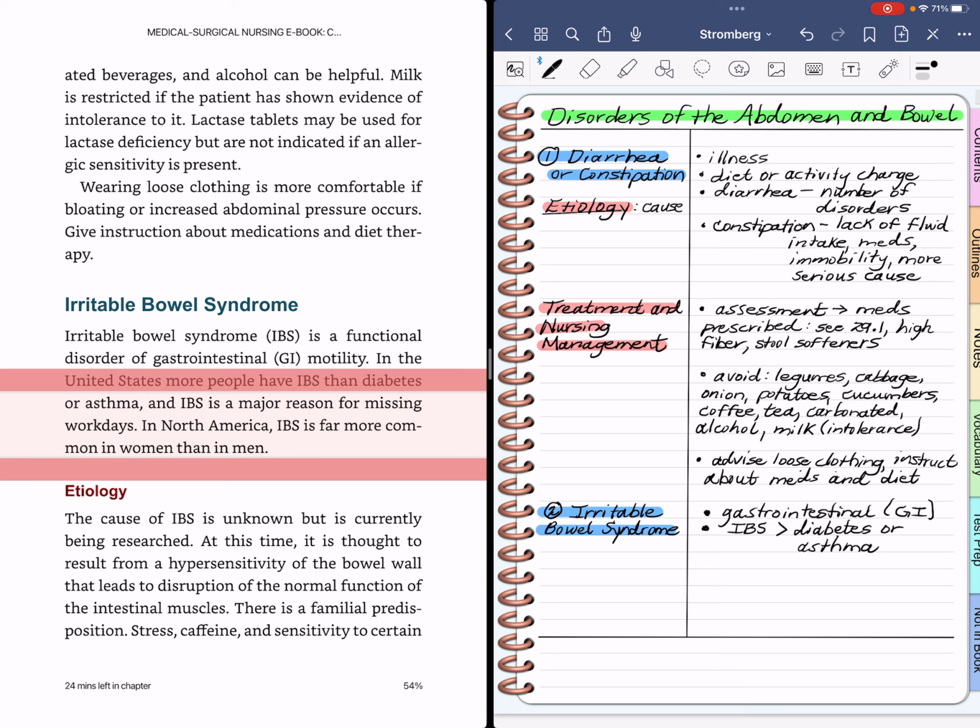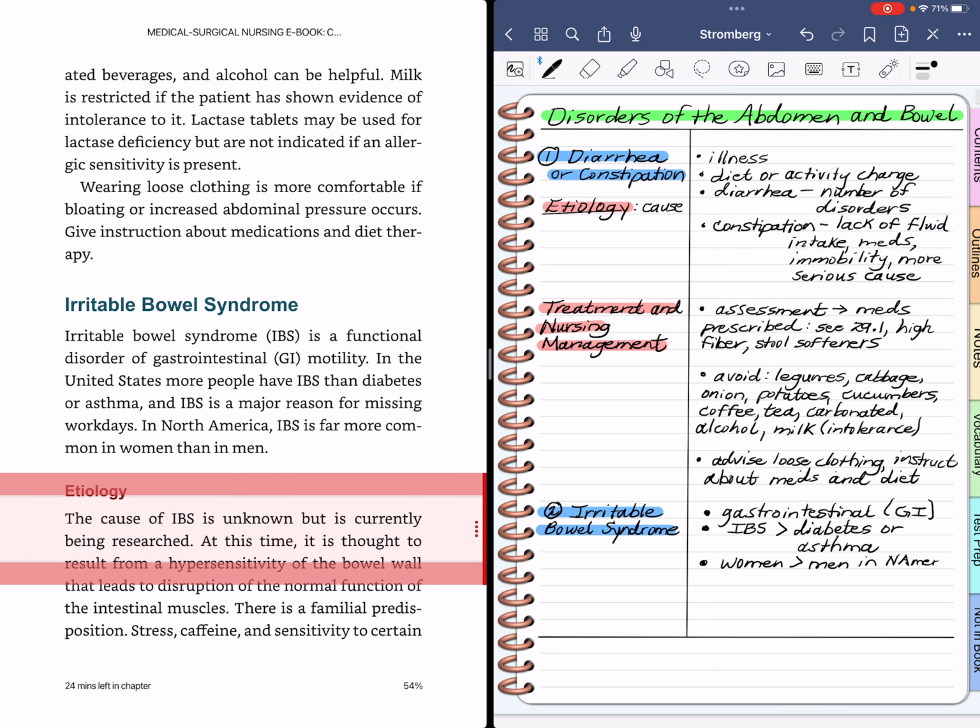And IBS is a major reason for missing work days. In North America, IBS is far more common in women than in men. So the incidence is larger in women than in men in North America. You notice the shorthand. I'm just making notes as I go through.